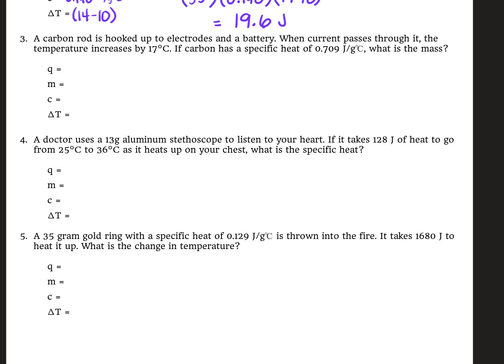So, number 3 says, a carbon rod is hooked up to electrodes and a battery. When current passes through it, the temperature increases by 17 degrees C. If carbon has a specific heat of, what is the mass?